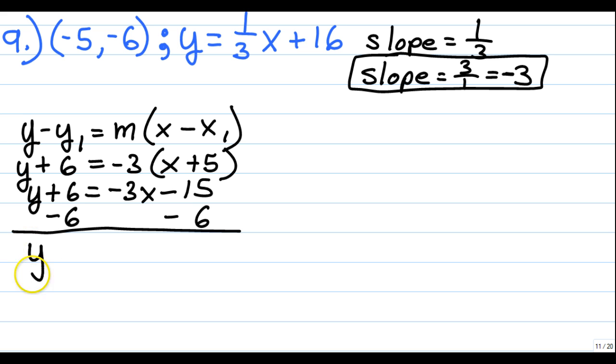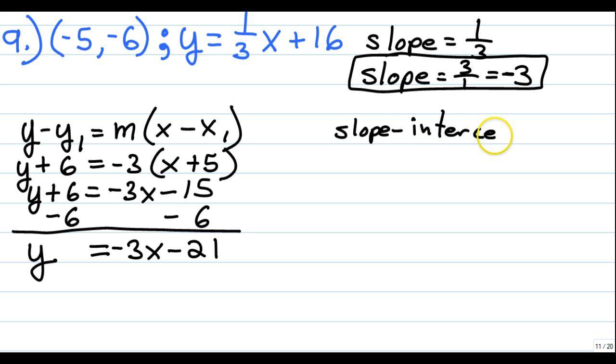When we come down, we're left with y on the left side because the 6 is cleared down to a 0. We have our negative 3x minus 21. So now we have our slope-intercept form. It's y equals a negative 3x minus 21.